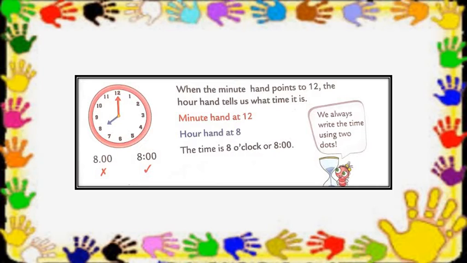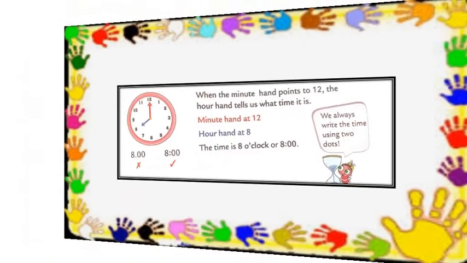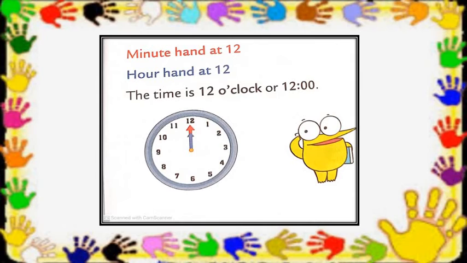We always write the time using 2 dots. Minute hand at 12, hour hand at 12. The time is 12 o'clock or 12:00.